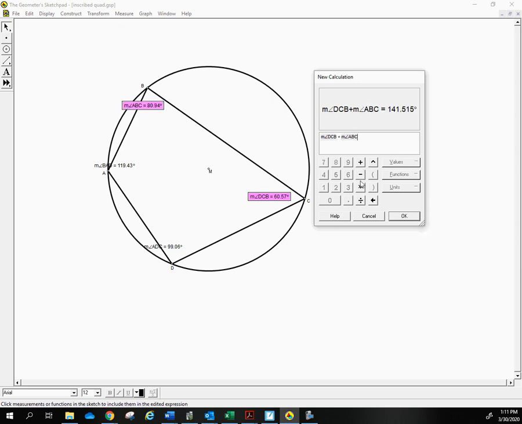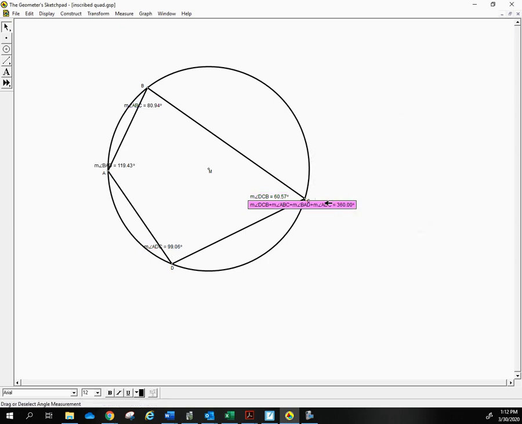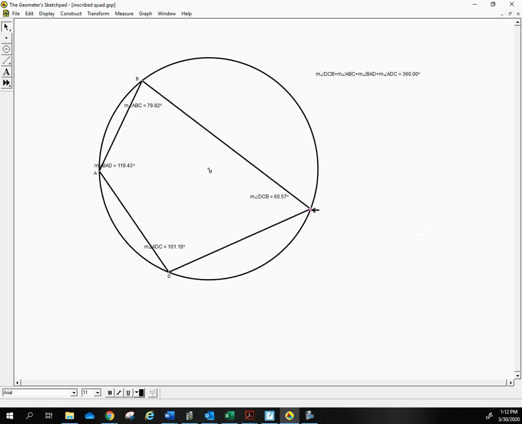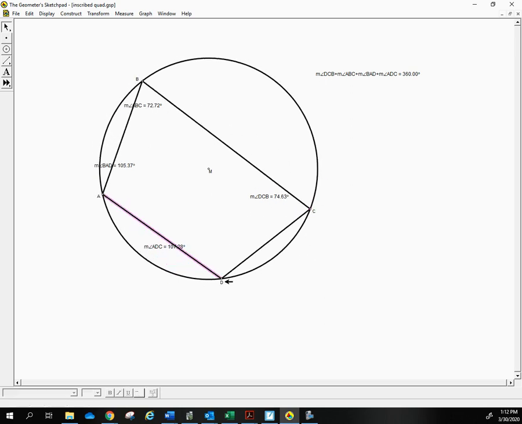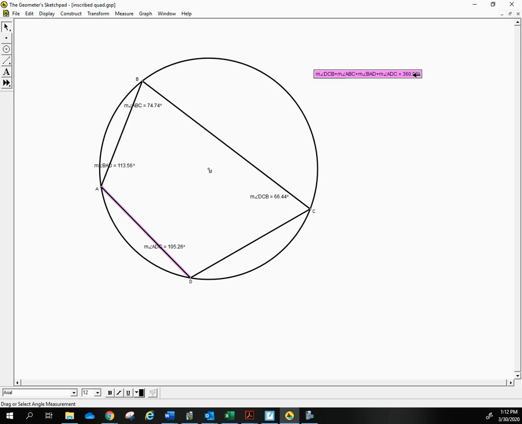This angle plus this angle plus this angle right here, this isn't obvious, they are all going to equal 360 degrees, no matter what type of quadrilateral is up here. No matter what, those angles will add up to 360 degrees.